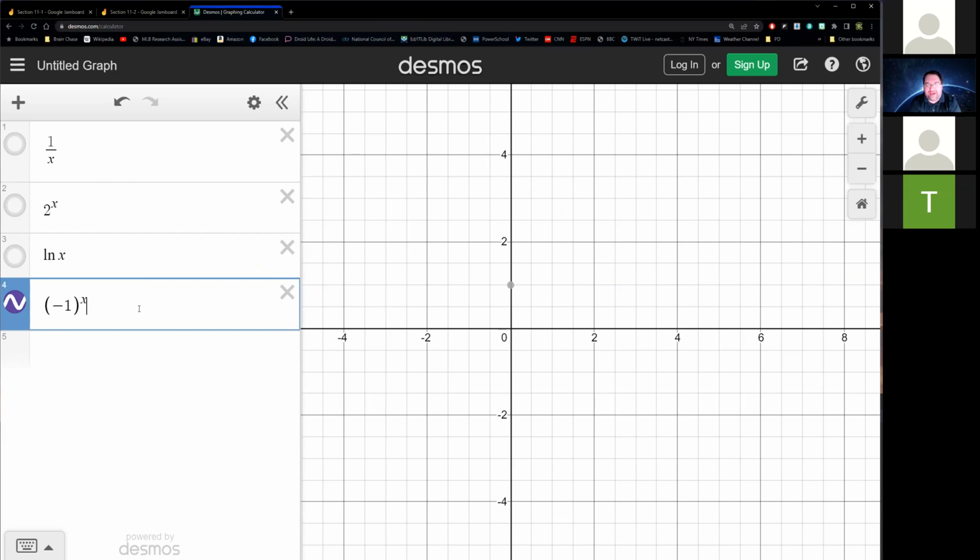So -1 to the x power only exists on whole numbers, which is why we don't see a graph. So if I make this just integers, I don't know if I can actually do that on Desmos, but I have the graph, so I can show you what it's going to look like.